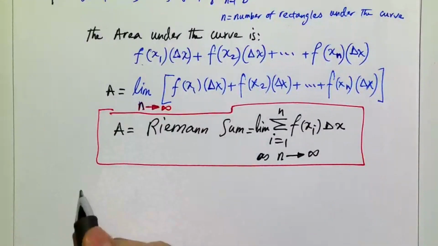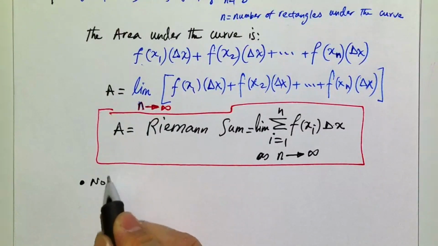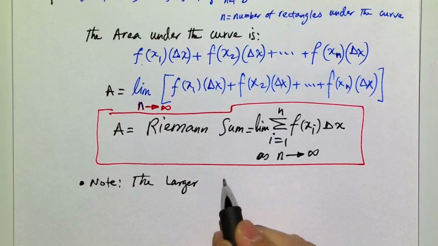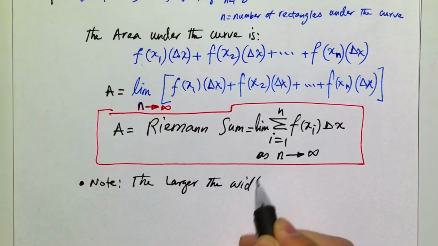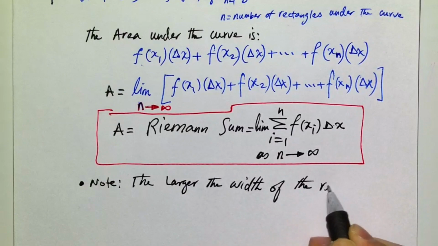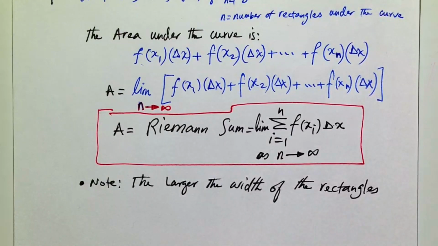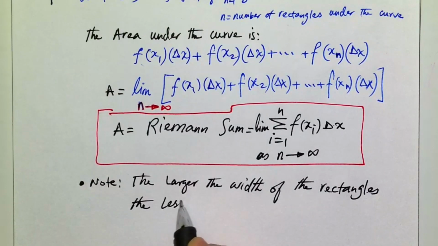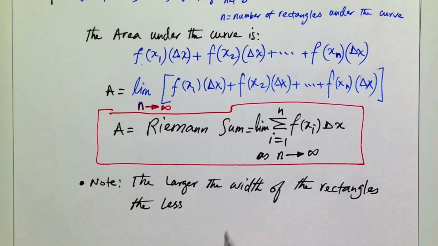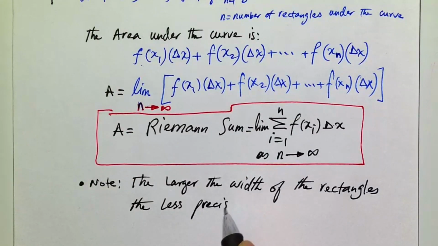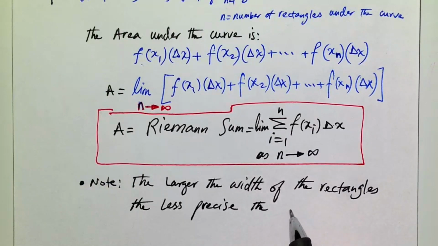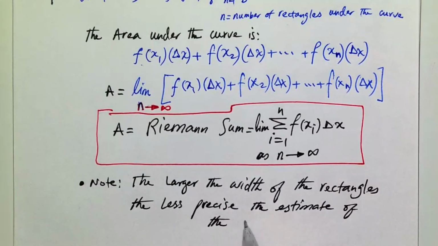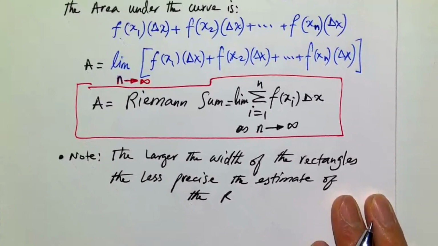So for the sake of your notes, we can also add this note: the larger the width of the rectangles, the less precise or less exact the estimate of the Riemann sum. Oops, let me move this up a little bit.